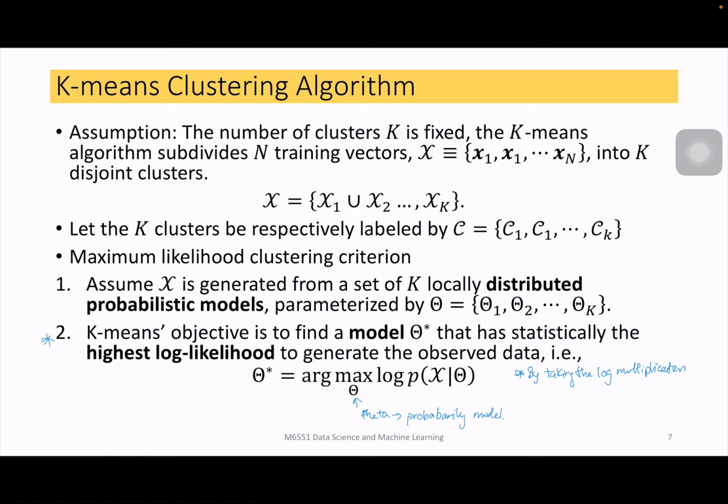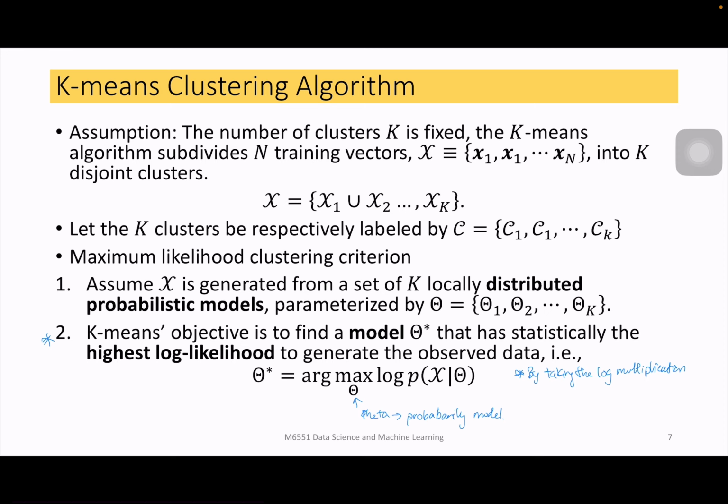Let the k clusters be respectively labeled C1 to Ck. Maximum likelihood clustering criteria: assuming X is generated from a set of k locally distributed probabilistic models parametrized by theta equals theta1 to thetak. So it's a parametric equation.